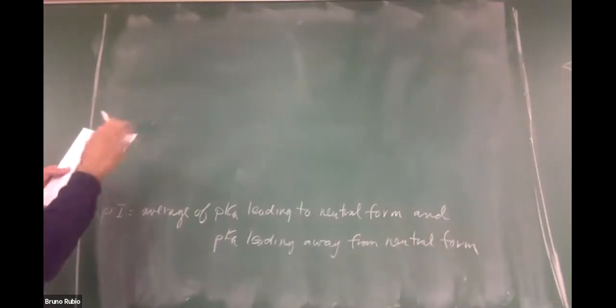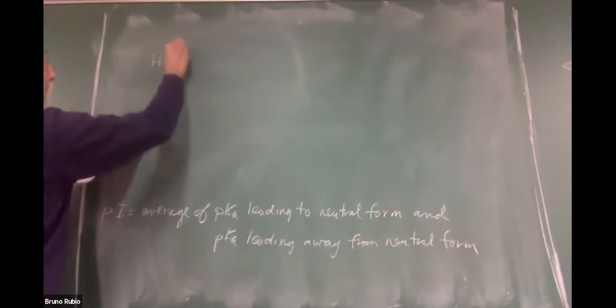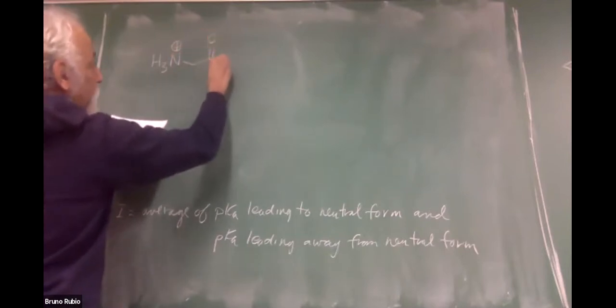Okay, for alanine at a low pH, right, this is alanine. From that table, I see that this is 9.69. This is a CH3 group here. From that table, this is 2.34.